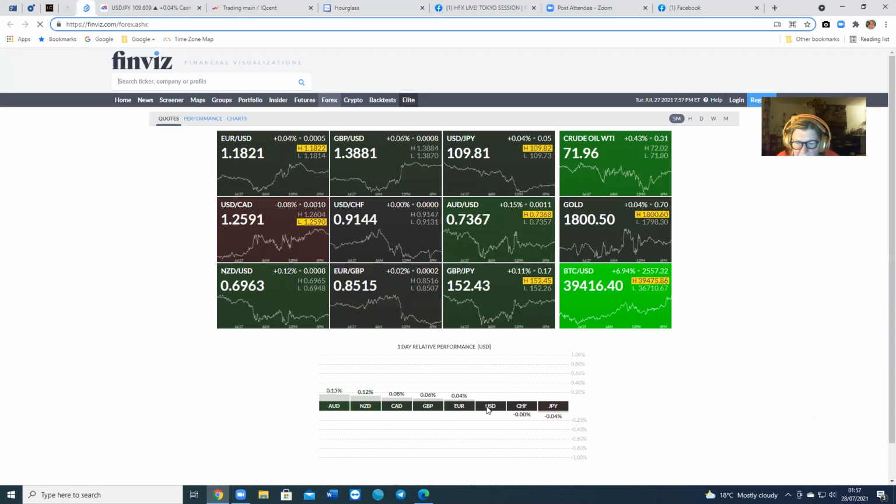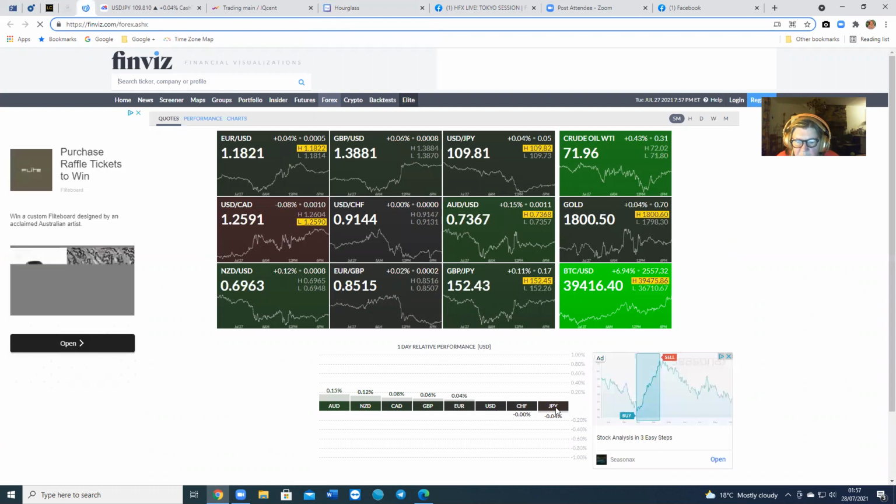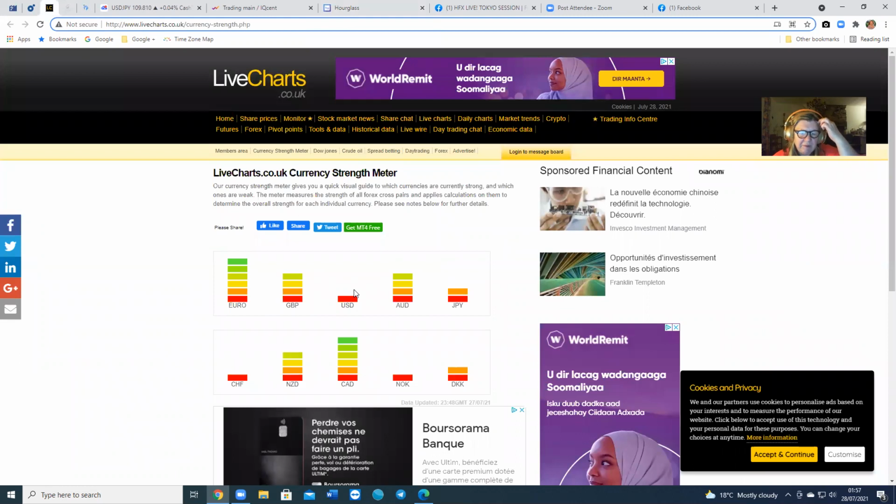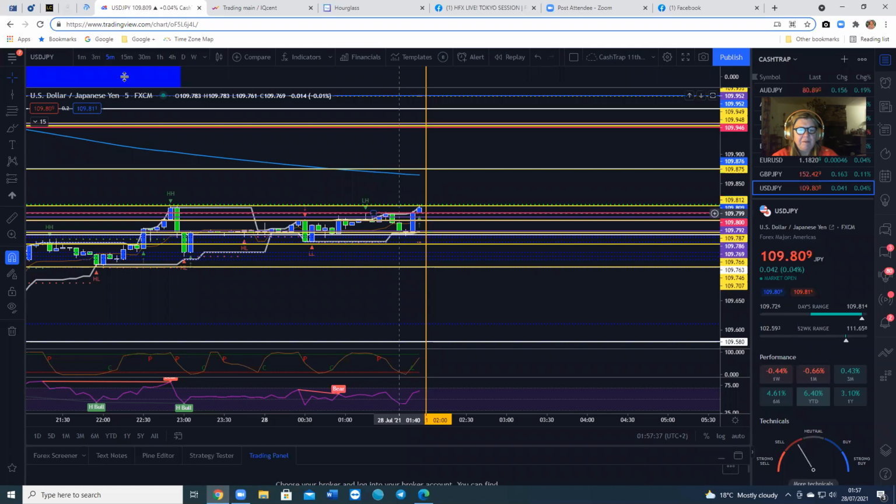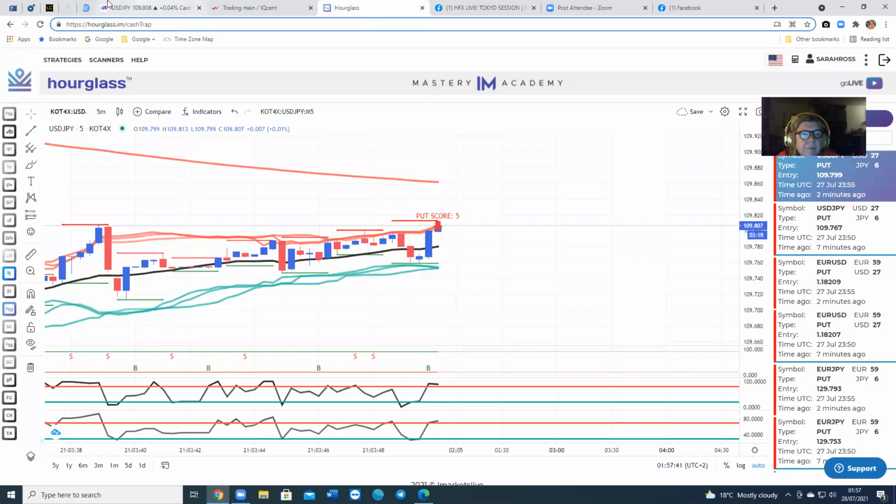US dollar, on Finviz, which is a daily relative performance, it is stronger on the daily. So I think that's why, because that's taking a daily one, it'll change as we get to the market open.